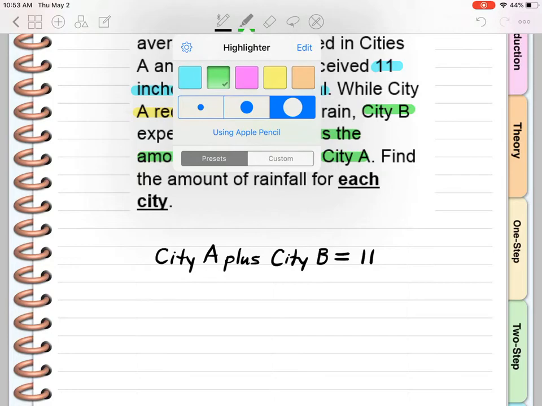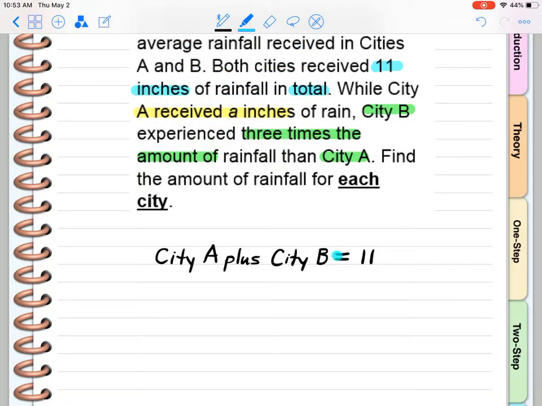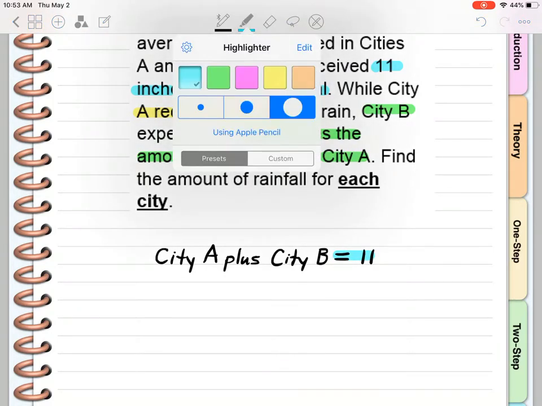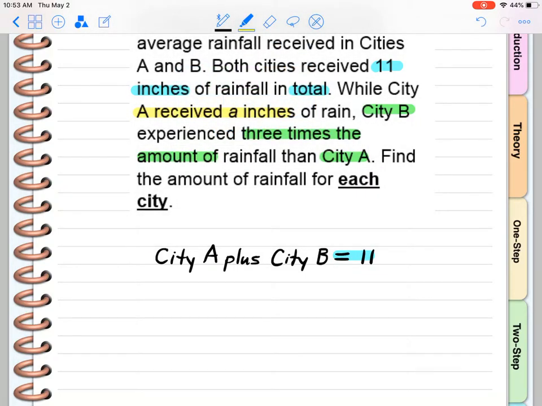So here is the total part. The city A, they tell me, is just A. So city A is A inches. I'll just put a little A under there. And city B is 3 times A. So we're going to say 3 times A. And that all together equals 11.